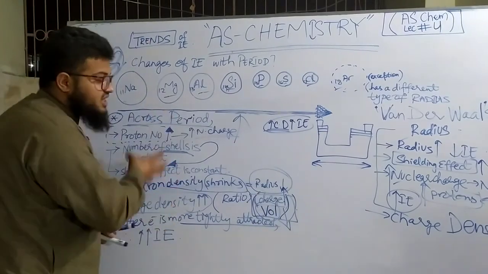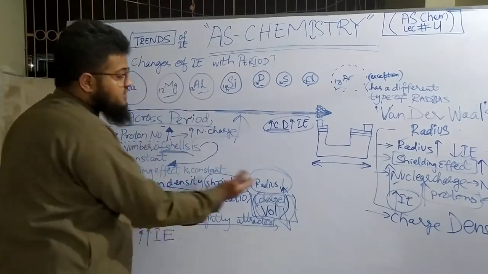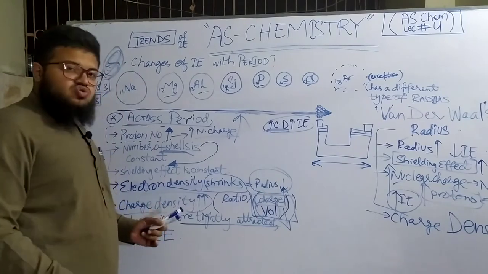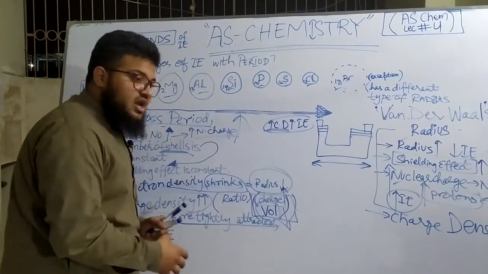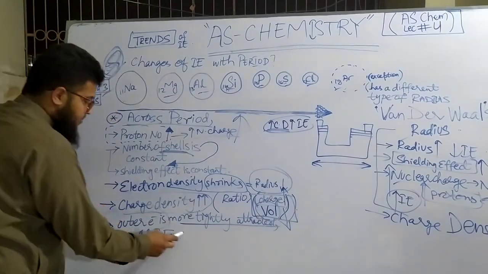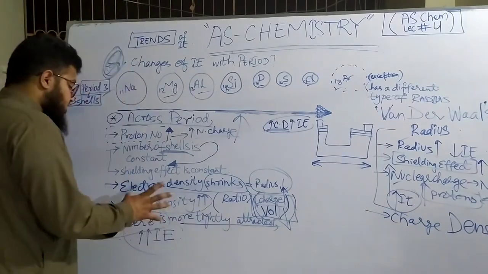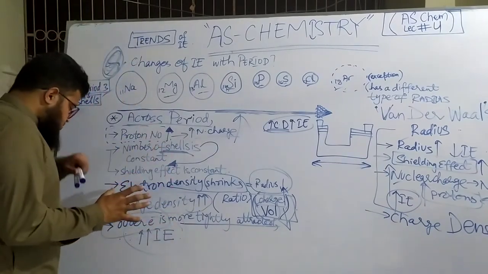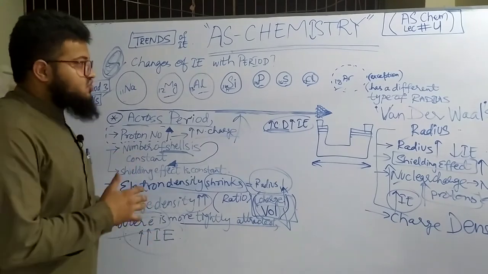The greater the charge density, the greater the ionization energy, because charge density means a relationship between these two. So the greater the charge density, the greater the nuclear attraction on the outer electron. Therefore, the outer electron becomes more tightly attracted to the nucleus. More energy will be needed to remove the outer electron, and therefore ionization energy will rise.